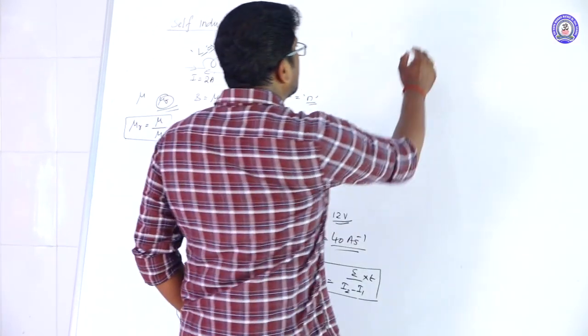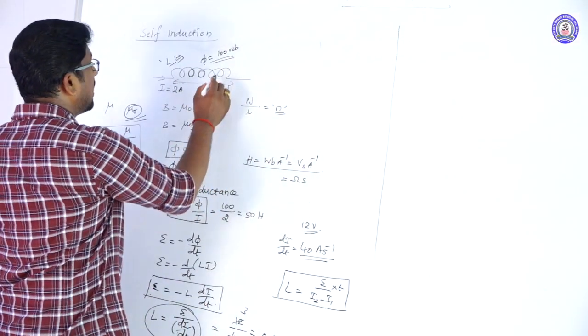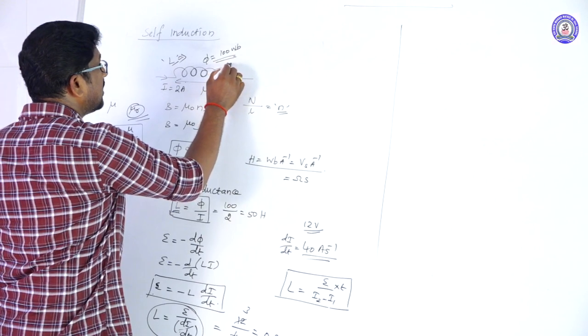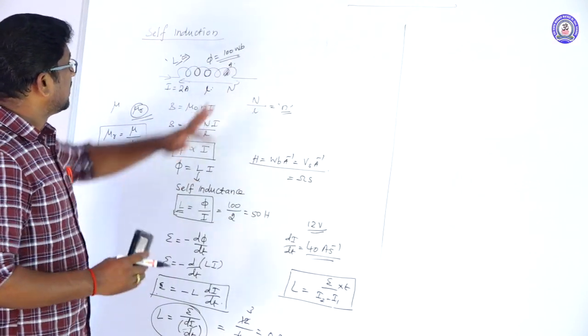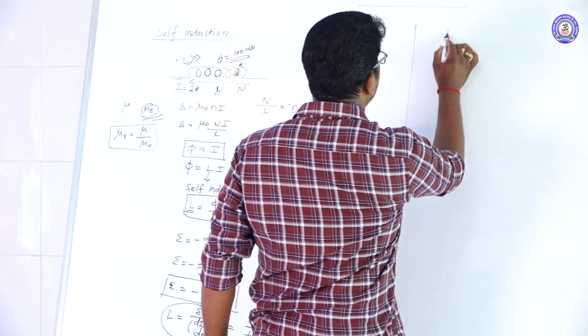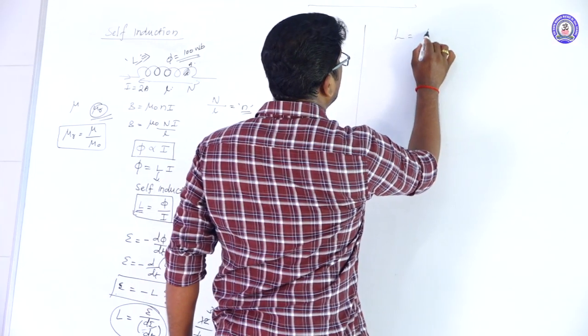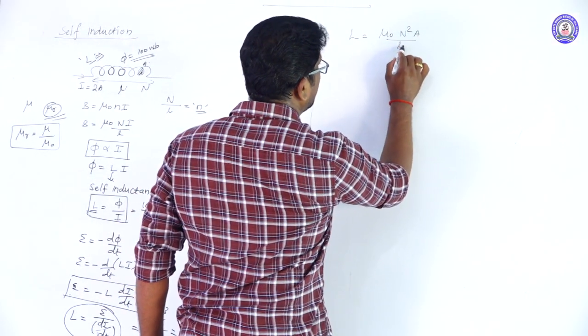Suppose the coil has N number of turns, the area of the coil is A, and the length of the coil, that is the solenoid, is l. Then the self-inductance of this solenoid is given by the formula L is equal to mu naught N square A divided by l.